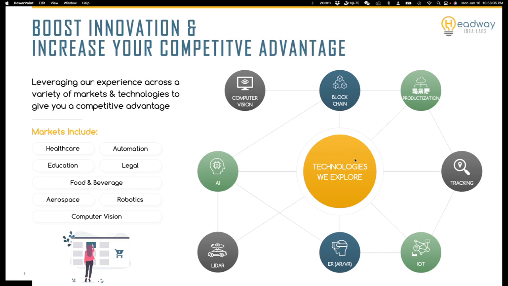Computer vision, obviously, is what simply said gives computers eyes to see. And that could be anything from automation to inspection to you name it. Blockchain in the sense of security. Data productization, and that is a very interesting knowledge or disruptive technology.